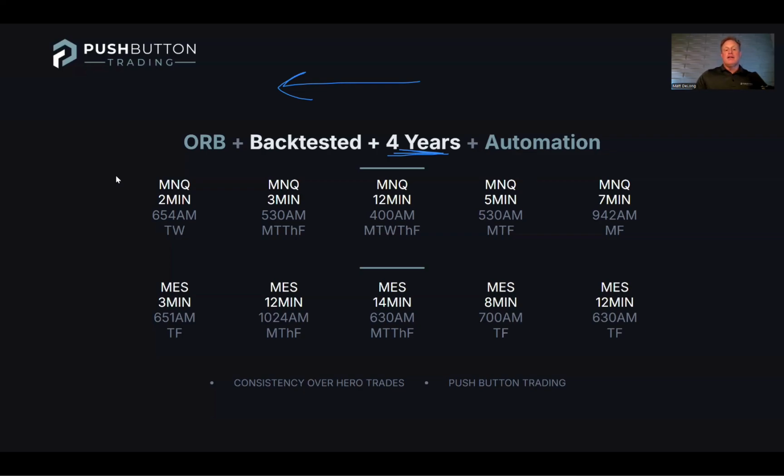Now keep in mind that there are some settings like trailing stops and some other things in here, but I want you guys just to see some variations because this is not all set in stone. There are some variations in here: 3-minute, 12-minute, 14-minute, 8-minute, 12, right? This is just an example, M&Q, MES, across the board here.